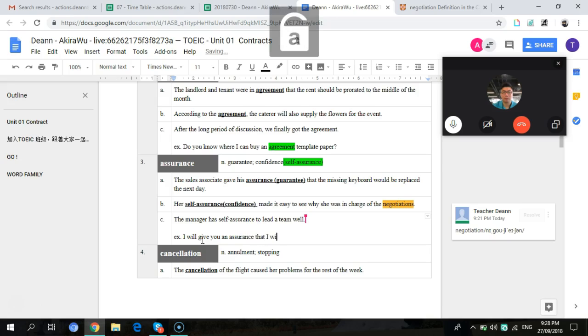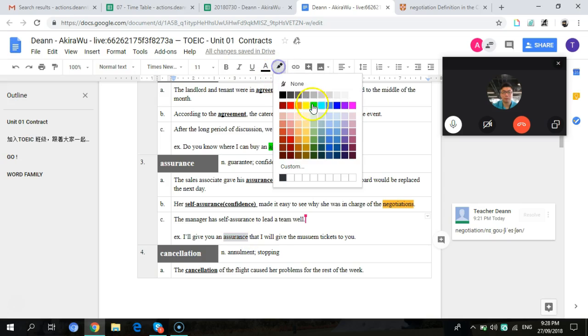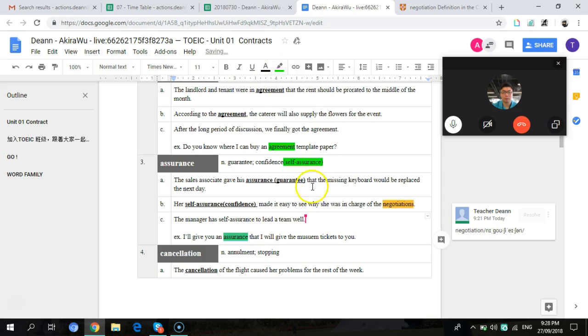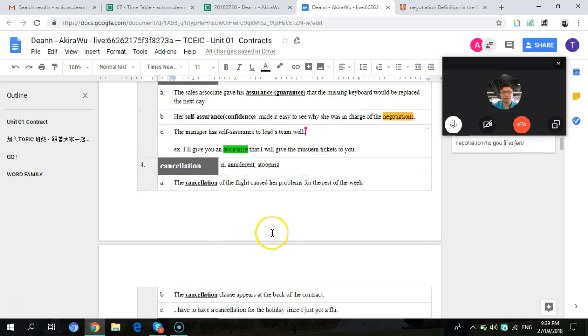That I will give the museum tickets to you, right? Okay, so I'll give you an assurance that I will give the museum tickets to you. Okay, so that means your guarantee. There's a guarantee that you'll give it to her, or to that person.